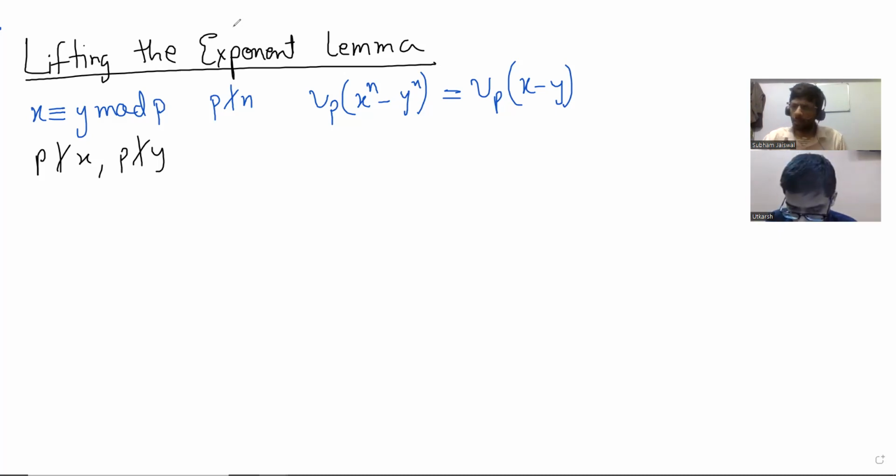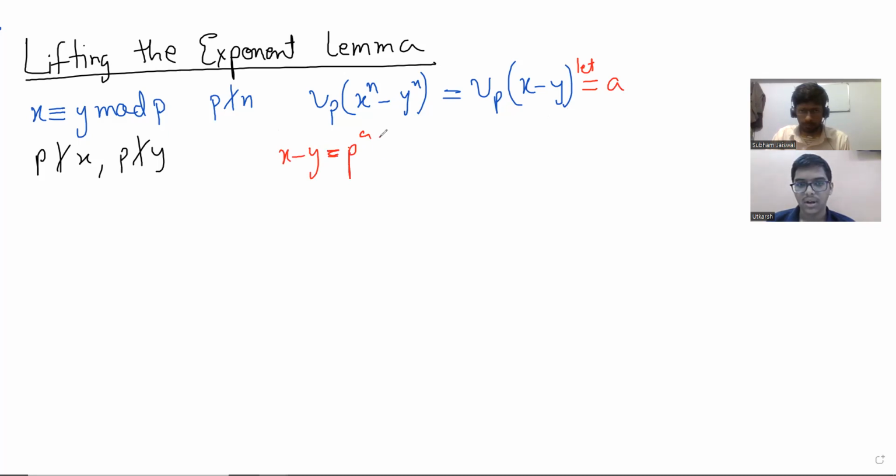Can we try using binomial theorem again? Are you doing that? No, I was thinking of x raised to power n minus... I first said let a be the largest power of p in x minus y. Then we can write x minus y as p raised to power a into b.